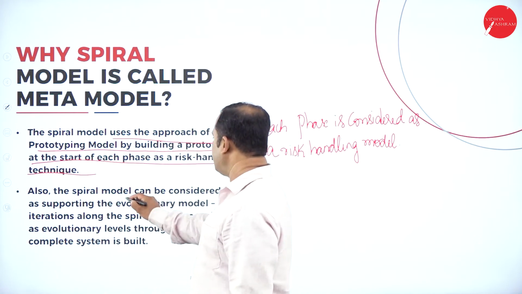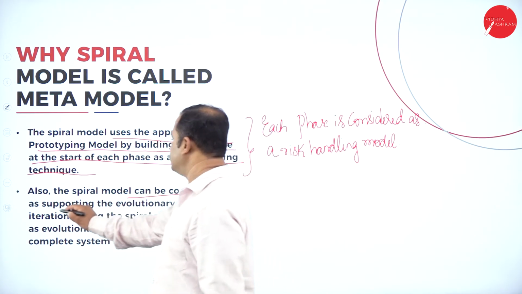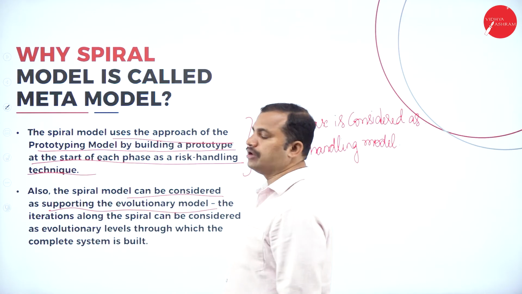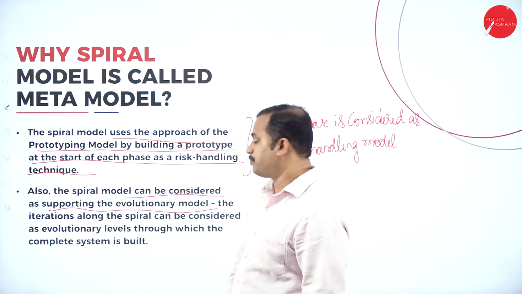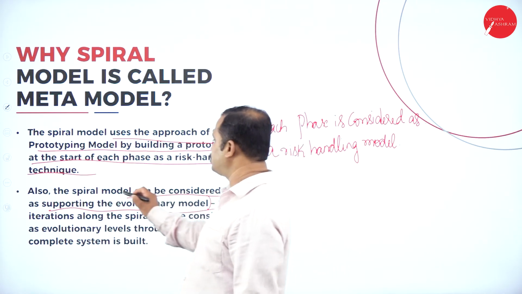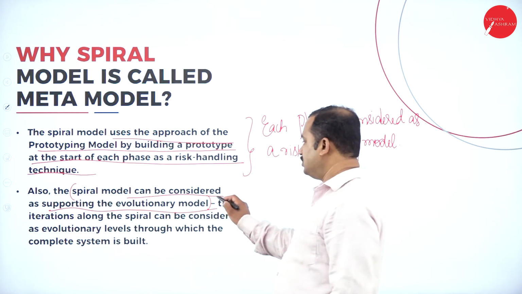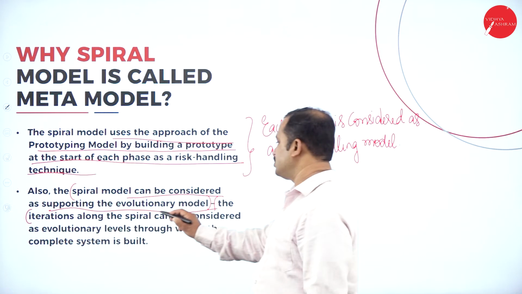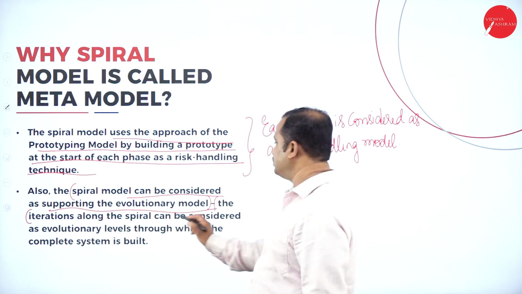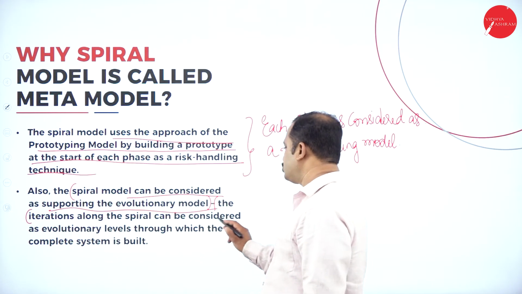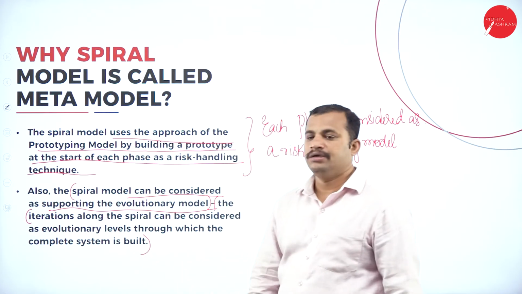Also, the spiral model can be considered as supporting the evolutionary model, the evolutionary approach. That means the iterations along the spiral can be considered as evolutionary levels through which the complete system is built.